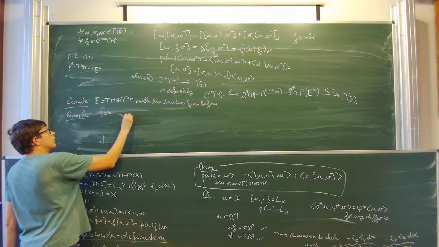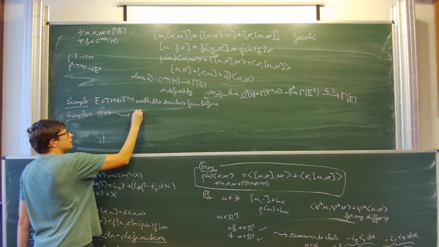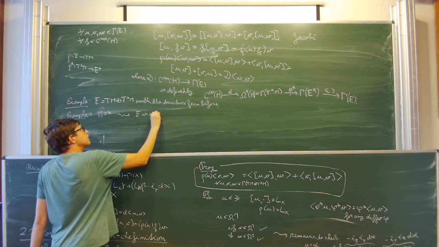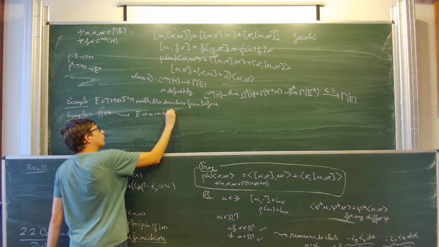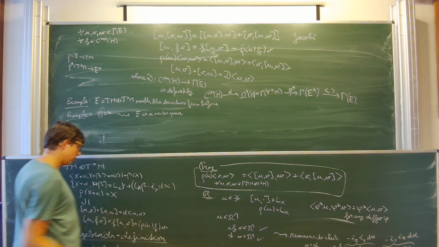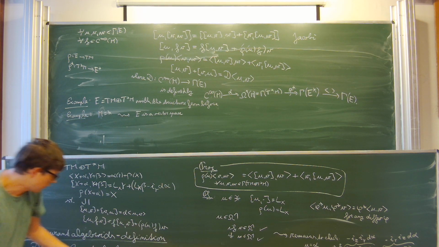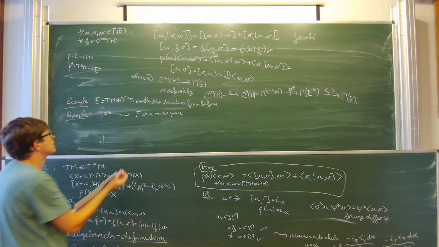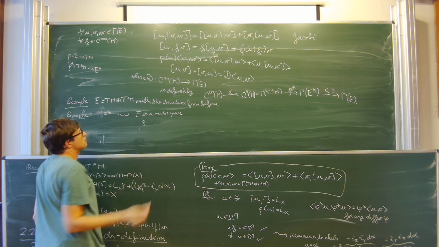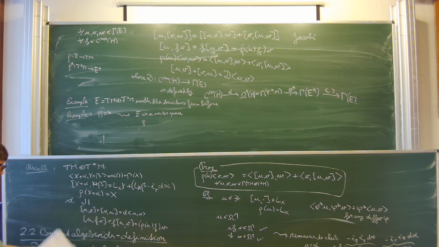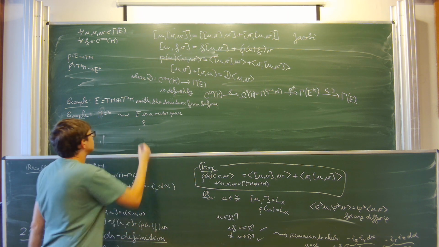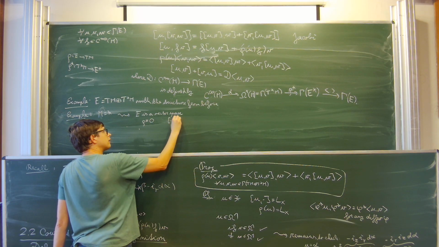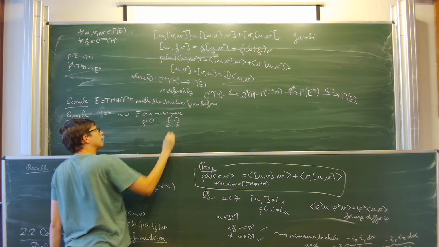If you take a point, then the vector bundle simply becomes a vector space, E is a vector space. The anchor map is necessarily zero, because the anchor map maps to the tangent space, and the tangent space is trivial. So the only two interesting things that survive are the bracket and the pairing.